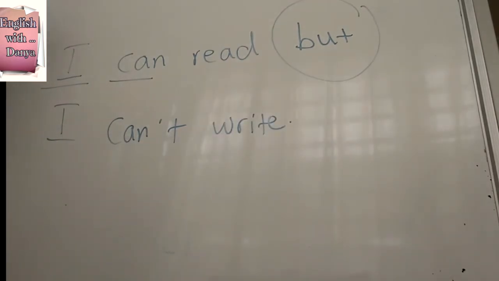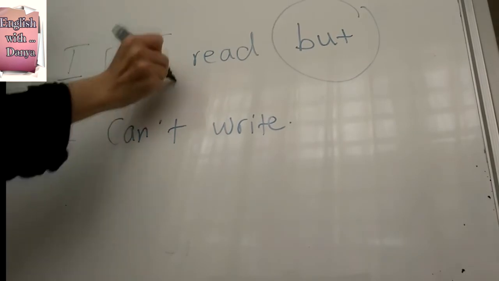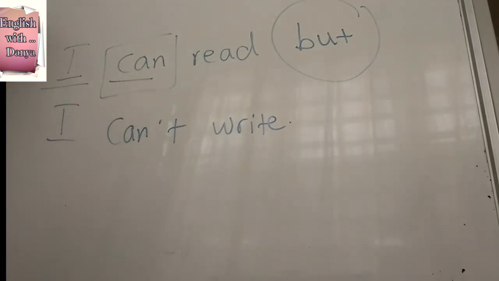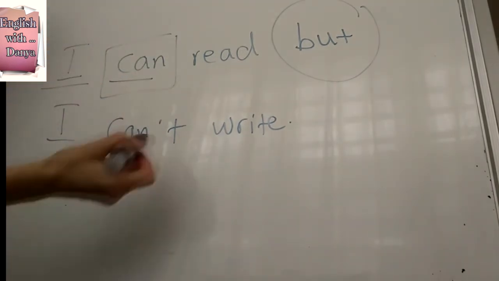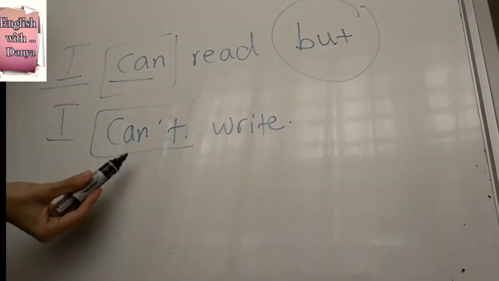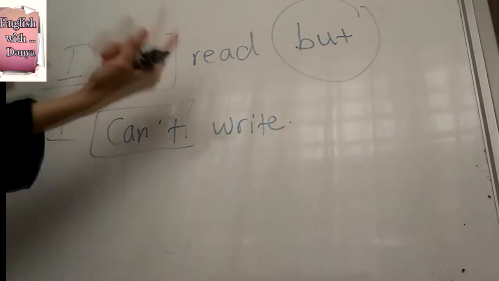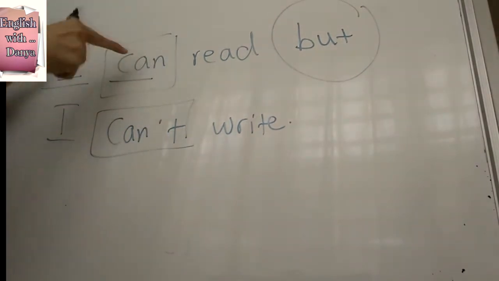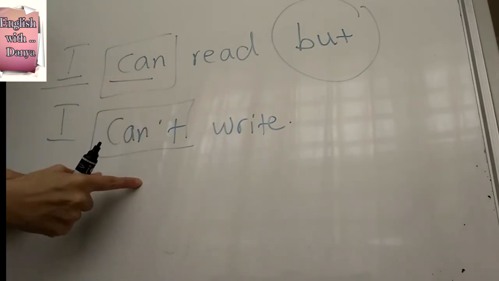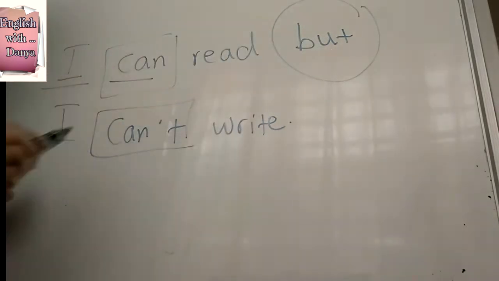So do you see the difference? Here we are talking about can, which means that something that we can do. But in here, can't. Can't here is something that you can't do. So because in this part, this part is positive, but the second part is negative, so we use but in between.